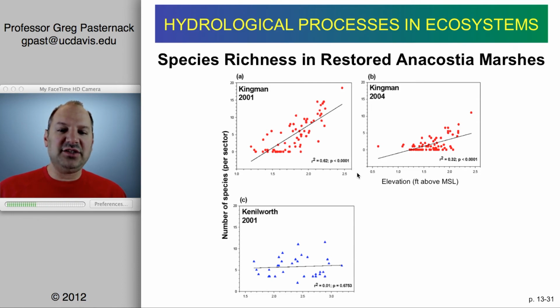Typical of wetlands, the drier you get, which means higher elevation, the more diversity of species there's going to be. This shows the distribution of Kingman in 2001 and 2004 with the same axes, indicating that there's actually less diversity later on than there was initially. So especially if you do a lot of plantings, or in a case where there's a lot of natural redistribution of sediment and a lot of annual plants, there isn't going to be a lot of consistency in what happens.